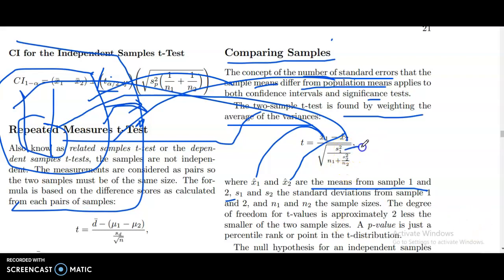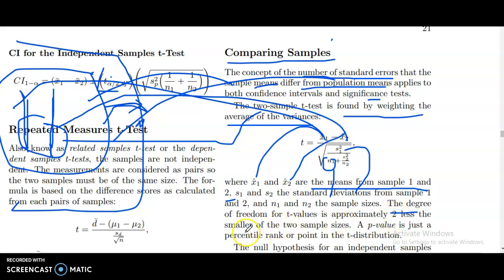N1 and N2 are the sample sizes. Firstly, the means of the samples are subtracted, then the standard deviations S1 and S2 are used with their sample sizes N1 and N2. Next, the degree of freedom for t values.